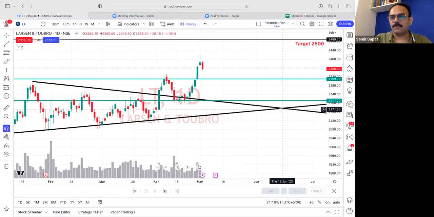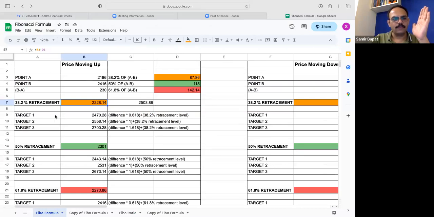So will it come? Okay, so it is 2309. So almost we have the possibility of a 38.2% retracement. If it comes to that retracement, what are the targets? It will go to 2470 or 2558 or 2700. Again, matching with our triangle.